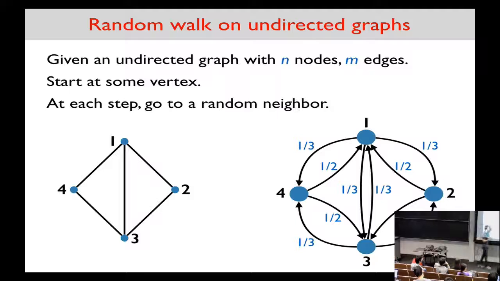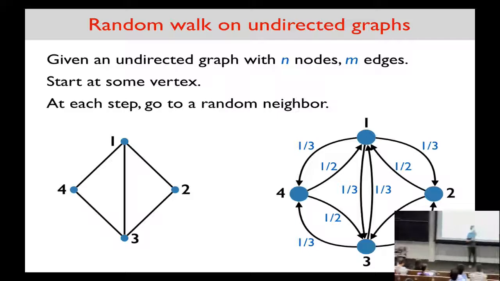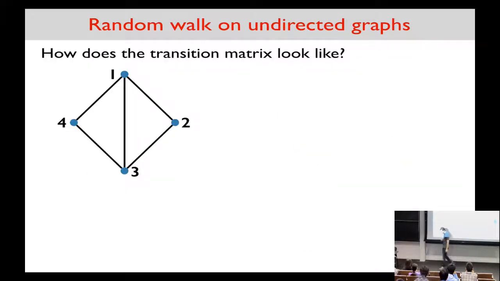What I do is change each undirected edge into two directed edges, and I write down the associated probabilities. Why does this edge have probability 1/3? Because there are 3 edges coming out of this vertex. Here, there are 2 edges coming out, so they are both 1/2. Good, so that's how the directed Markov chain looks.